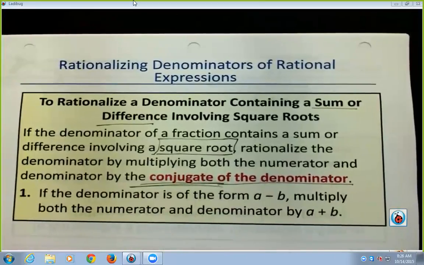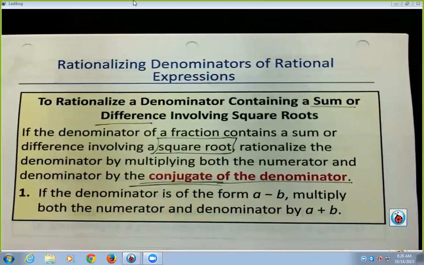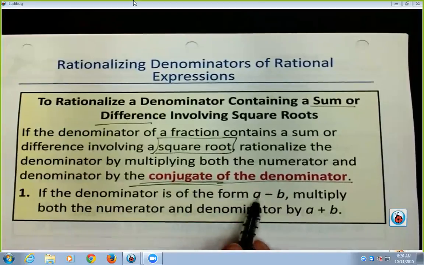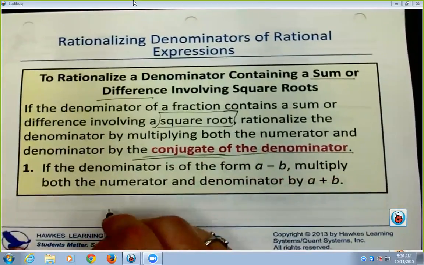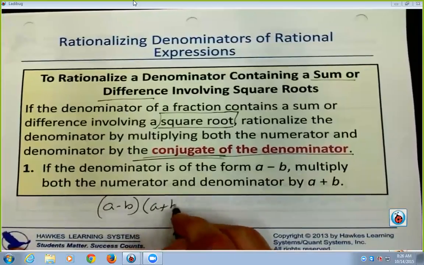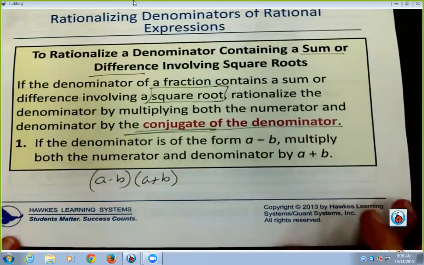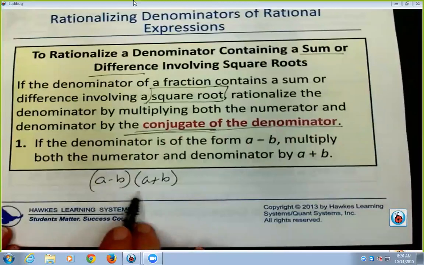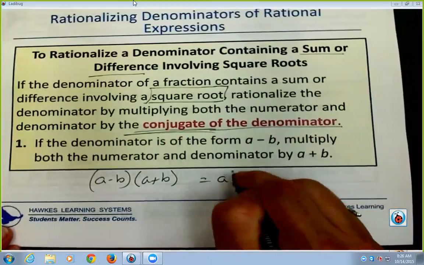And what that means is, way back when in basic algebra, in polynomials, if we took something and multiplied it by its opposite piece, such as a minus b times a plus b, and we FOILed that, what happened? Well, we took a times a and ended up with a squared.